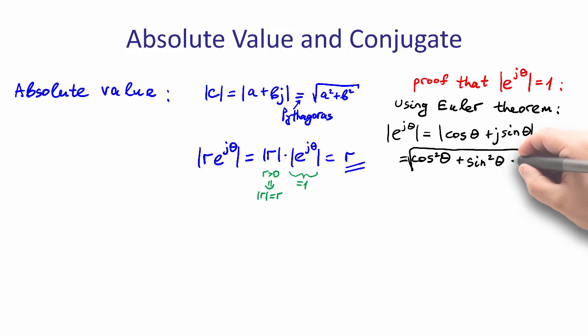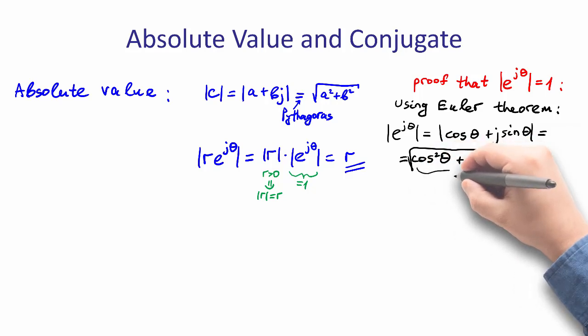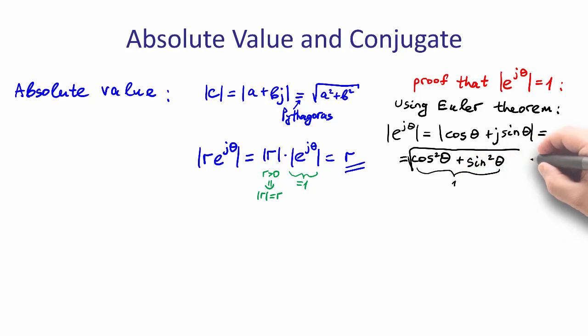But this is trigonometric identity. We know that sine square plus cosine square equals 1 always. So the square root of 1 is also 1. So that entire expression will be 1. So from geometric and from algebraic perspective, we can see that exponent of j theta with any theta will always have the radius 1. So the absolute value will be 1.